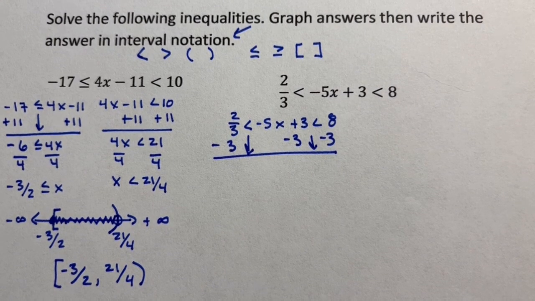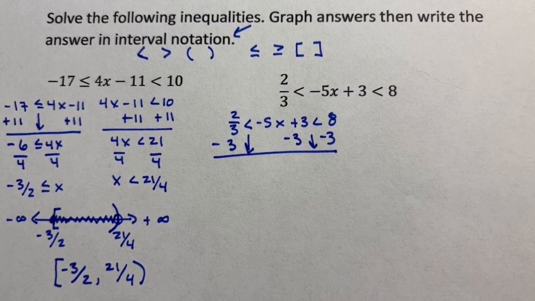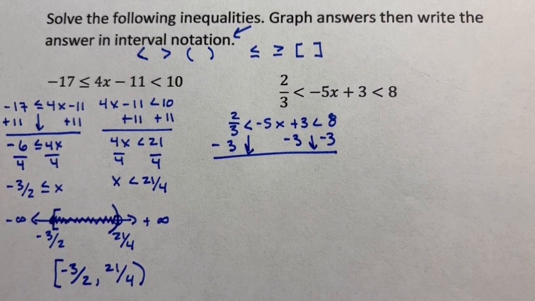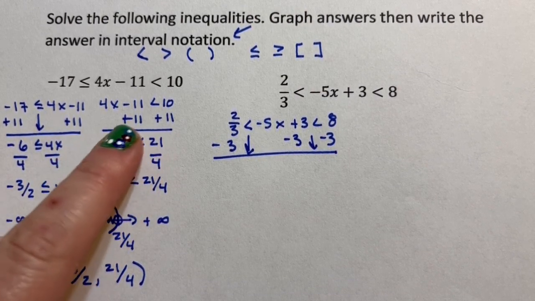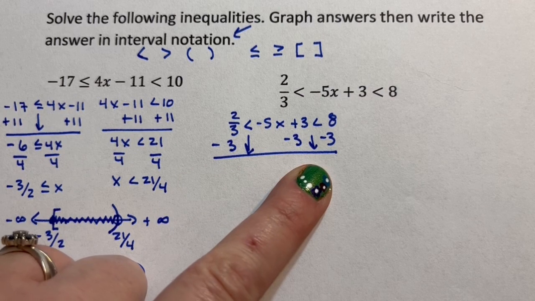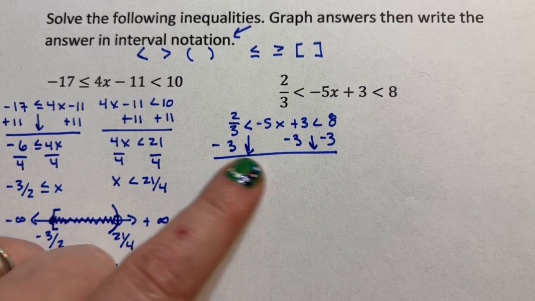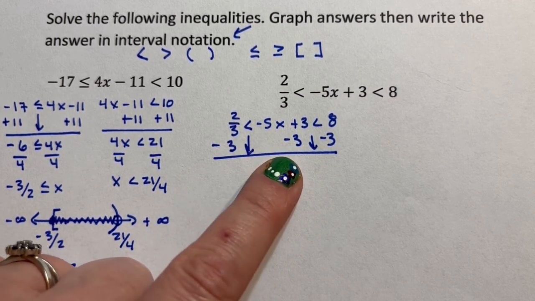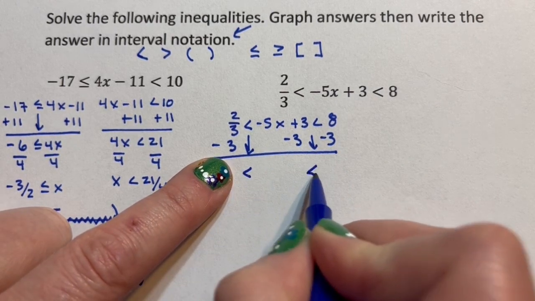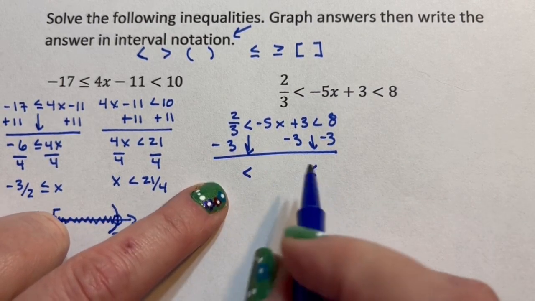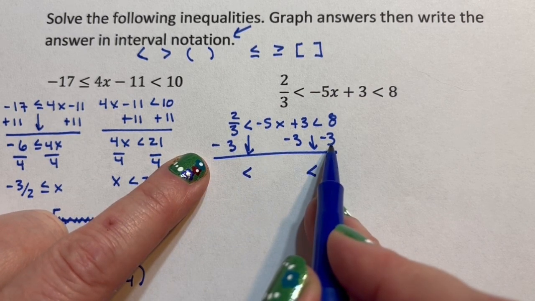So when you're doing this in one fell swoop, you're not balancing two parts, you're balancing 3. And whatever you do to one part, you have to do to all 3 parts. Notice I'm bringing my inequality signs down and I still have 3 parts, and you have to keep everything balanced.